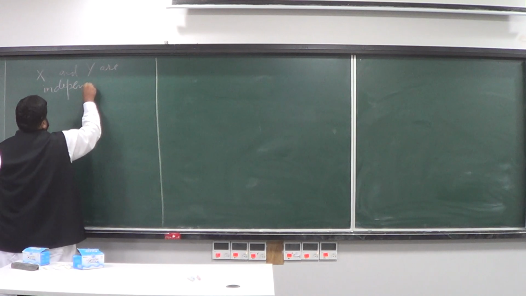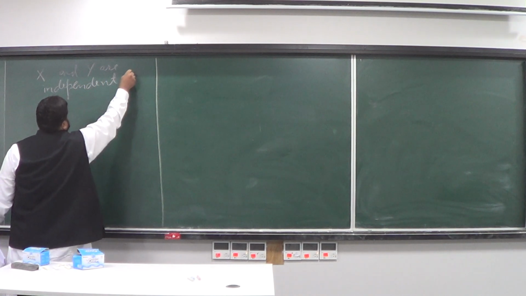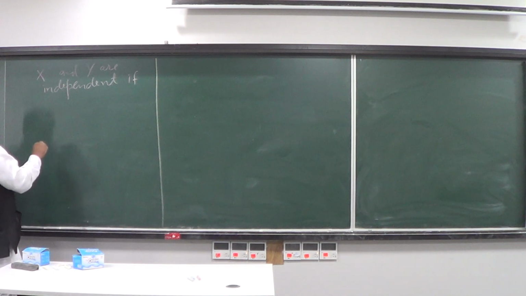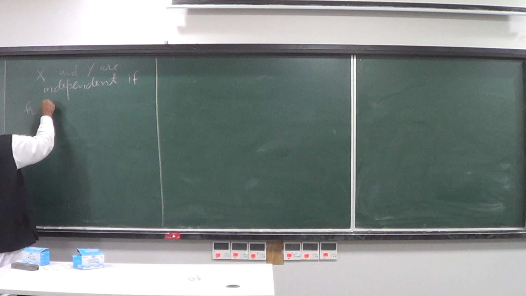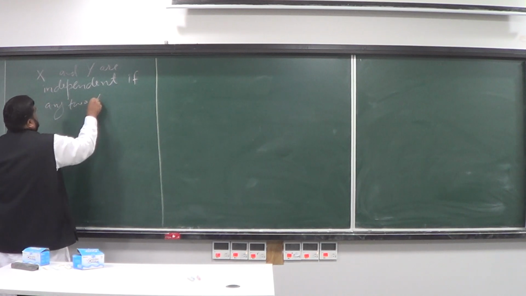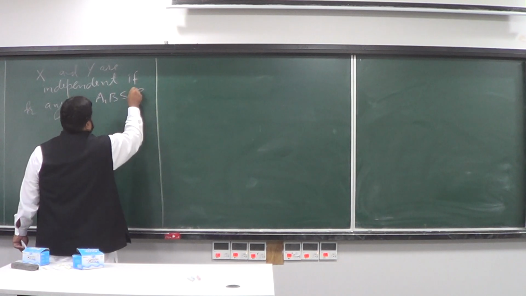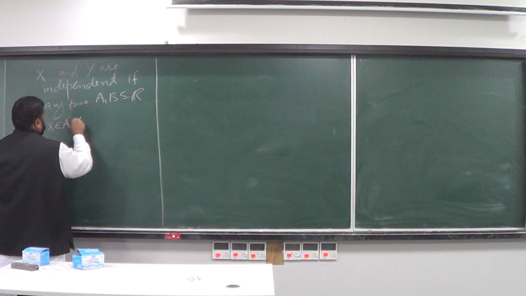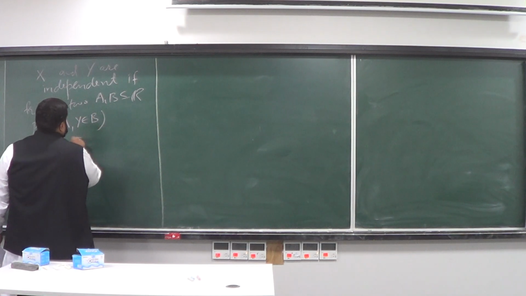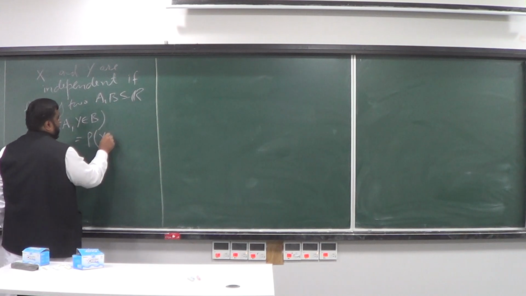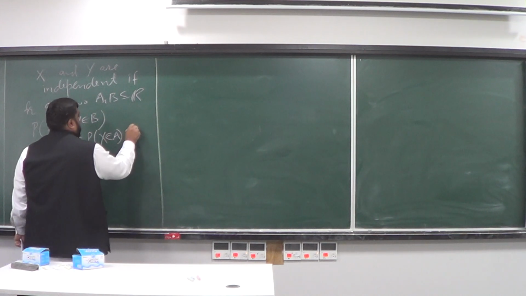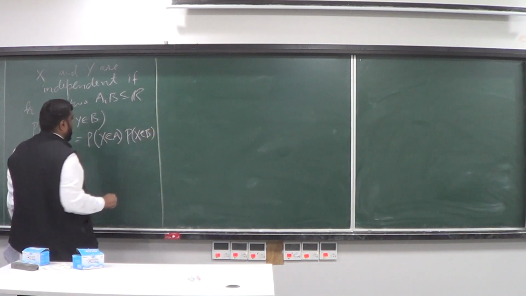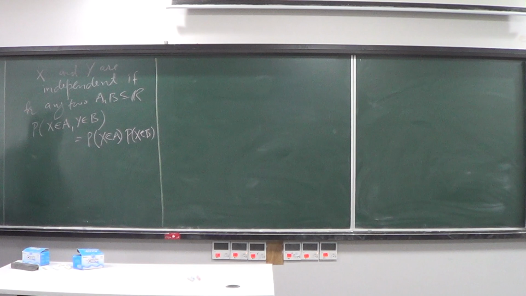I'm going to call those two random variables independent if, for any two subsets A, B of R, the probability that X belongs to A and Y belongs to B is equal to the product of the probability that X belongs to A times the probability that Y belongs to B. So you're going to call those two random variables independent if you take any two subsets.